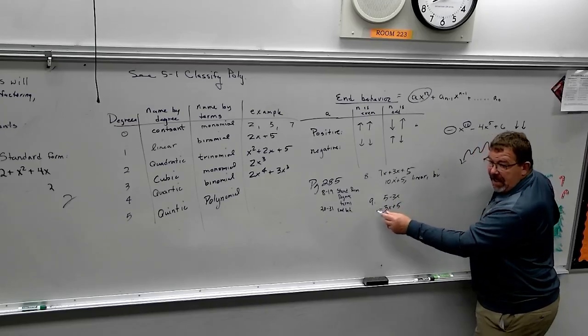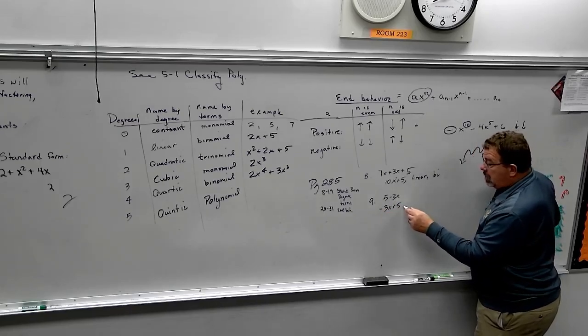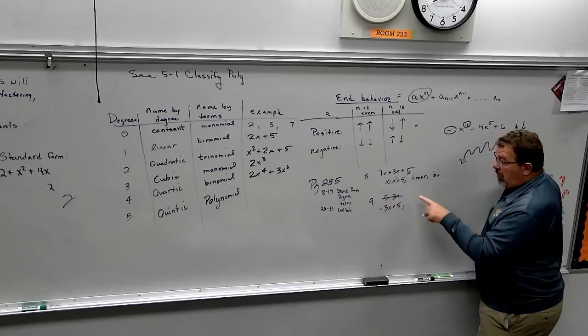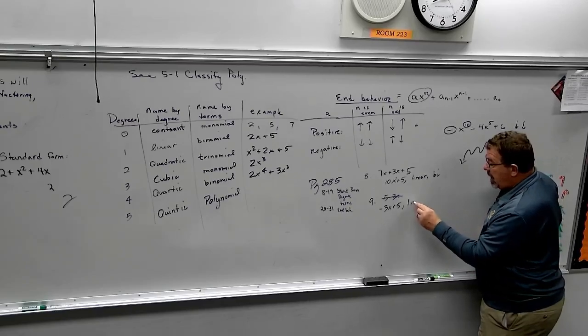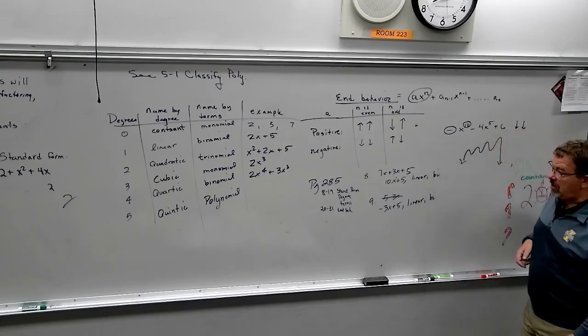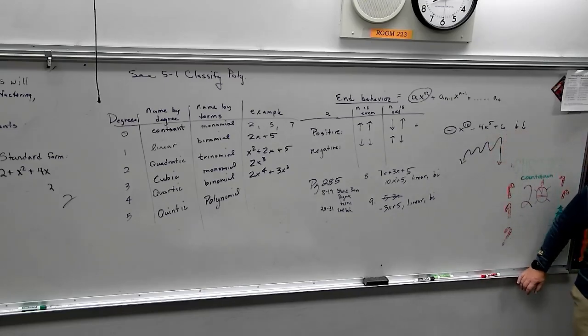So this is in standard form now. It's ready to go. So what would you classify it by degree? Linear. And it is a binomial. There you go. That's all you do, 8 through 19. Put them in standard form, then classify by degree and classify by terms.